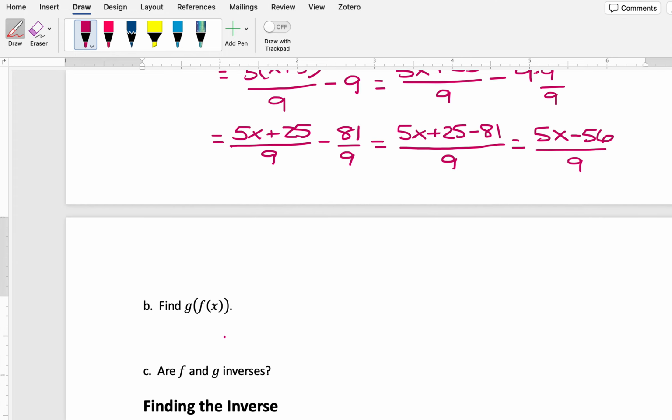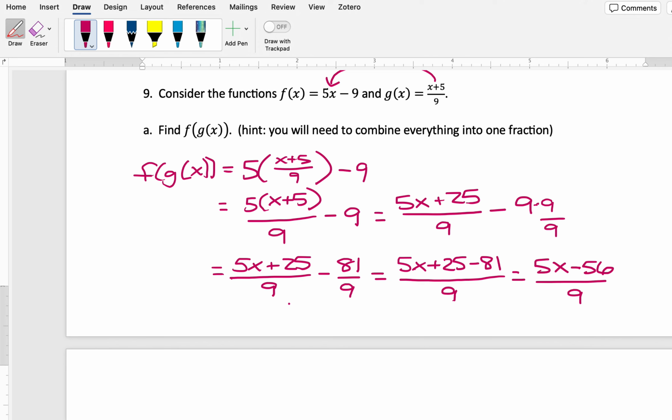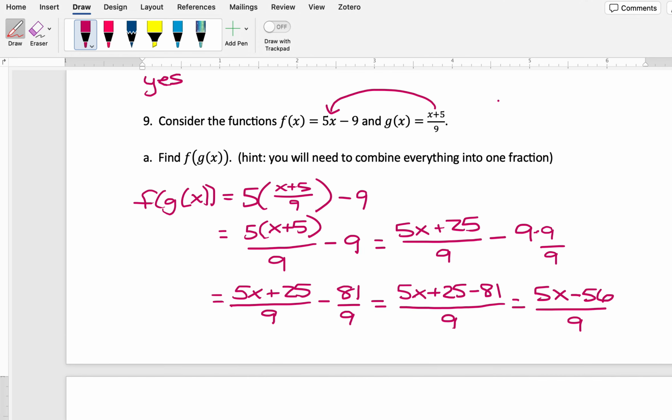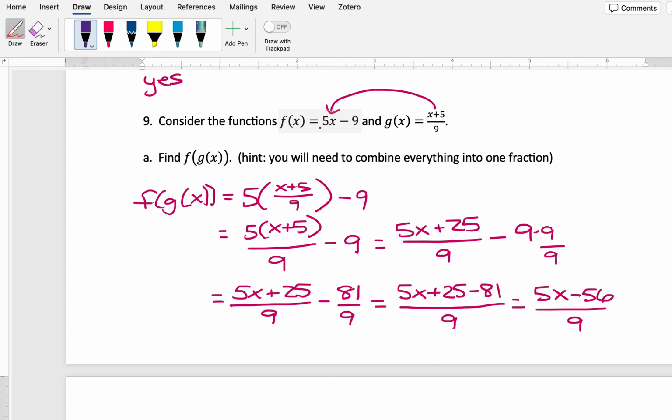Now we're going to find g of f of x. So we're going to plug in the opposite direction. Fortunately, this one is a little bit easier. So let me switch to a different color here. So I'm going to plug this 5x minus 9 in for x into the g function.